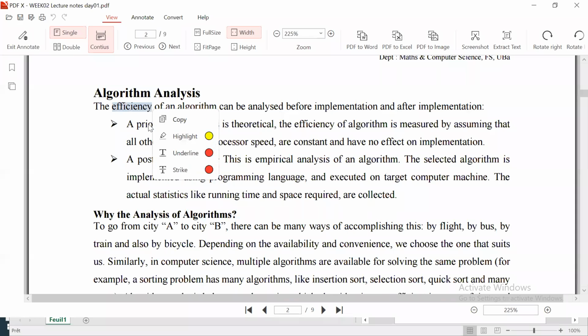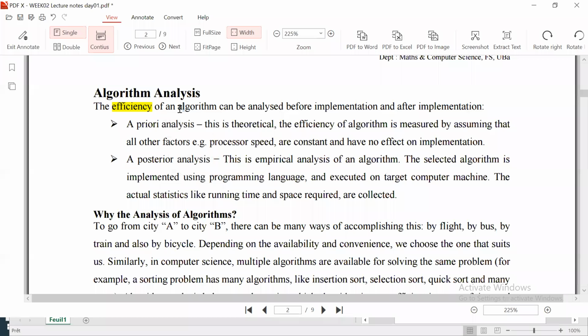So it means you need to ensure that your algorithm is efficient in terms of memory usage, in terms of processor time usage. Okay, because you can have a single problem with maybe 5 algorithms. But when you look at these algorithms, you see that they do not have the same efficiency.